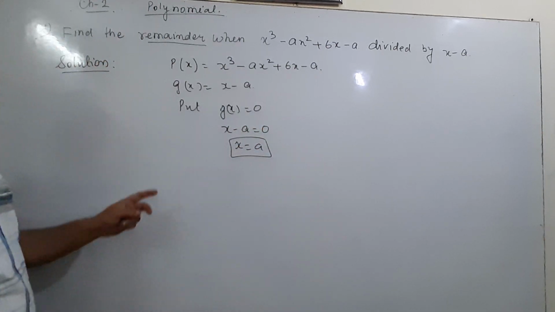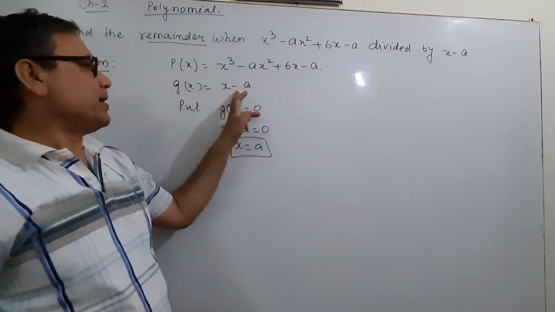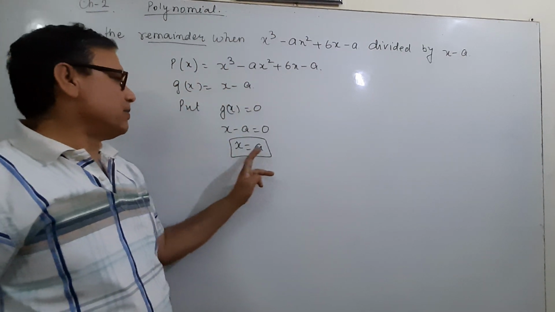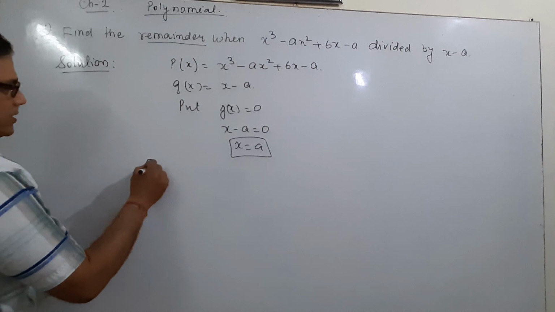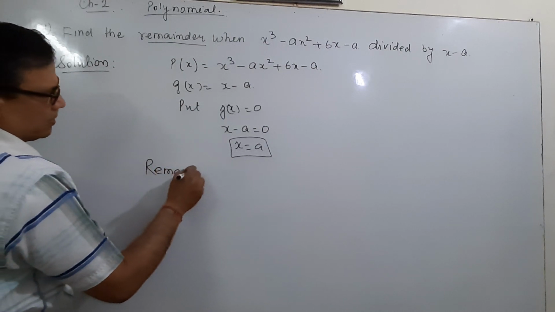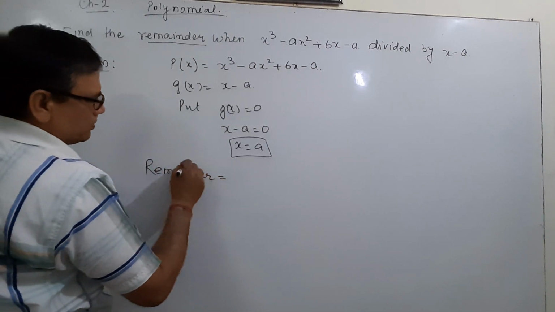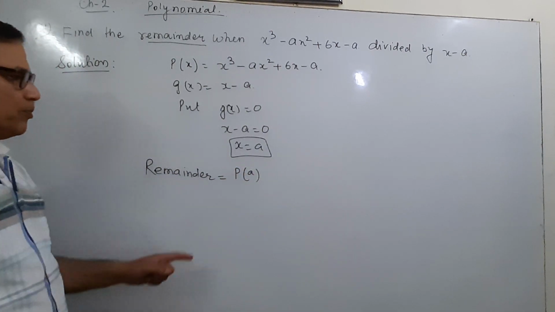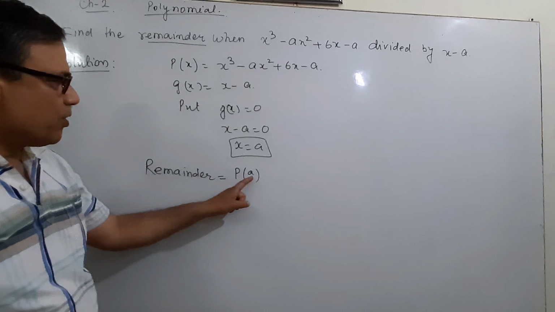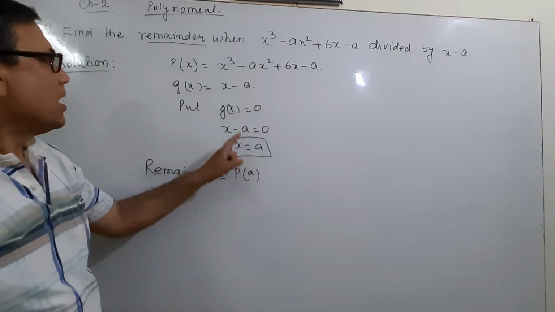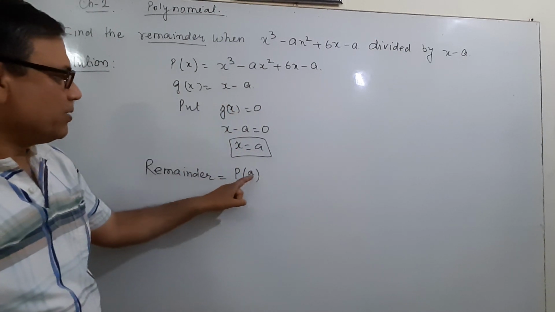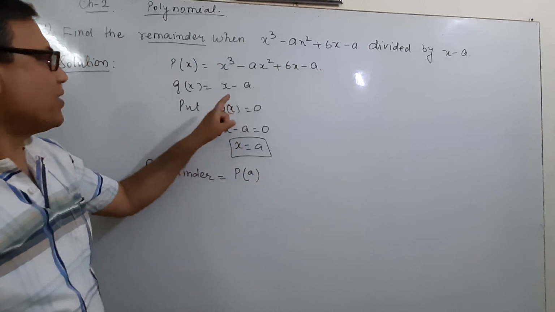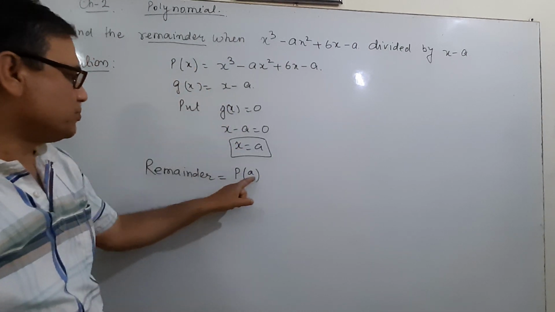It means when p(x) is divided by x minus a, the remainder is p(a). Why is it a? Because we will put the value x equal to a, meaning put a in place of x. The remainder is p(a).